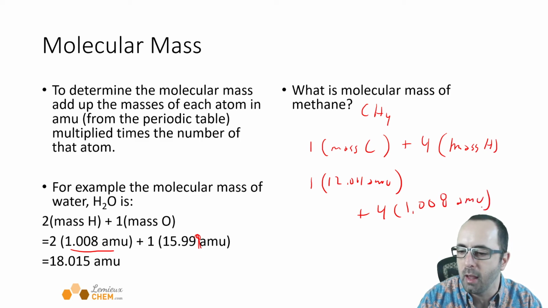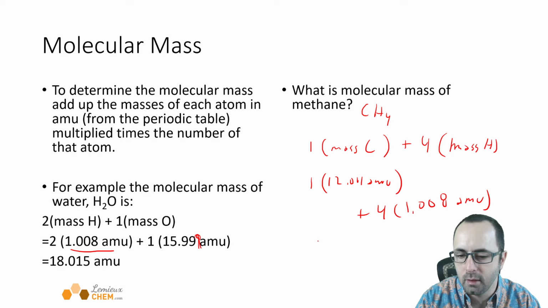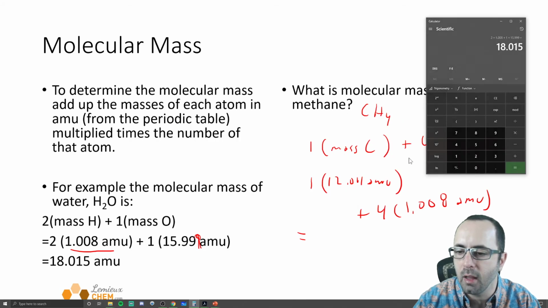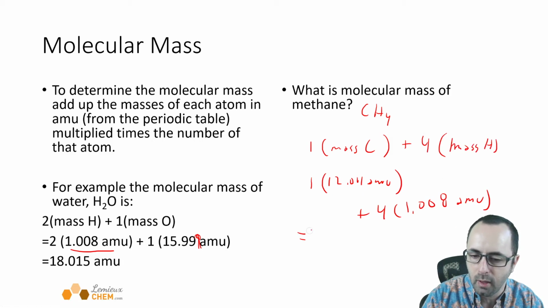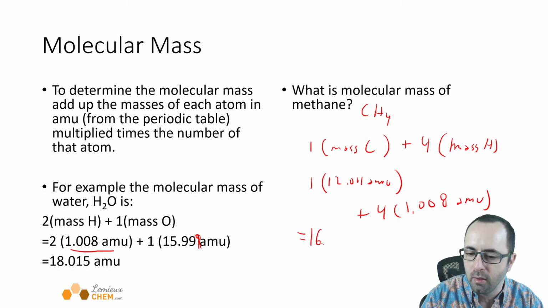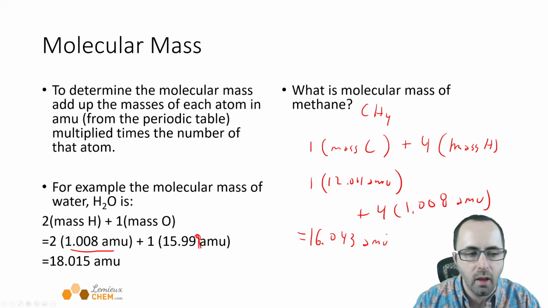I'm trying to dodge my head here. Okay, and so we'll put that into our calculator. So it'll be 1 times 12.011 plus 4 times 1.008 equals 16.043 AMUs.